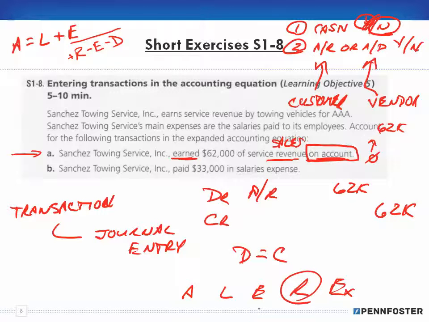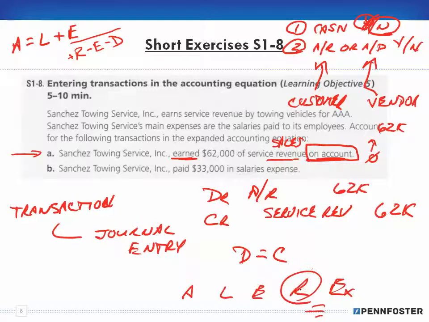I'm earning revenue, so it has to be a revenue account. All I do is look at that category and I choose one of those ledger accounts under revenues. So this would be service revenue. And it's just that simple. I backed into that account.